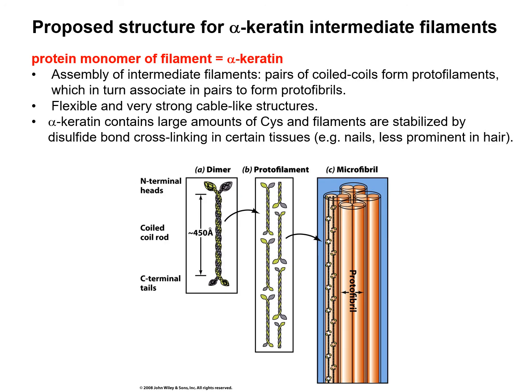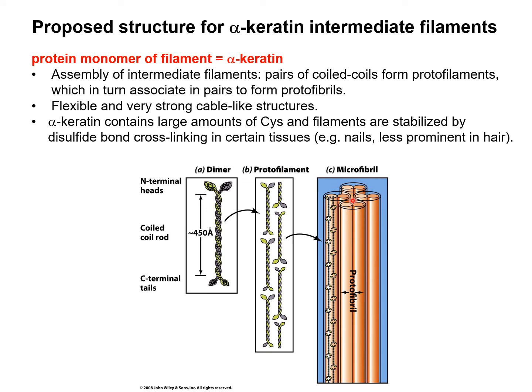And here's the proposed structure for the alpha keratin intermediate filaments, or higher order structure. Since this is a really bulky, really big structure, it was hard to actually validate that it forms in this shape. So there's only a proposition for the structure. But anyway, the monomer of the filament is alpha keratin again.